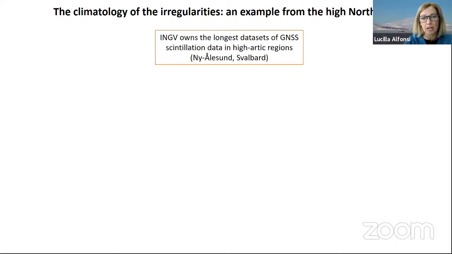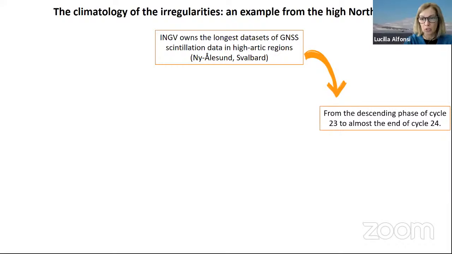And this village is an international location for researchers that would like to exploit the natural lab provided by the pole. In that location, we installed our first receiver in 2003 for detecting the ionospheric scintillation.